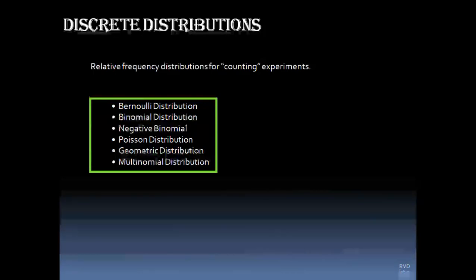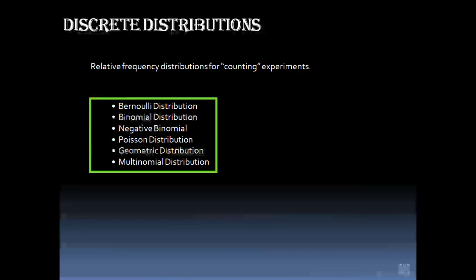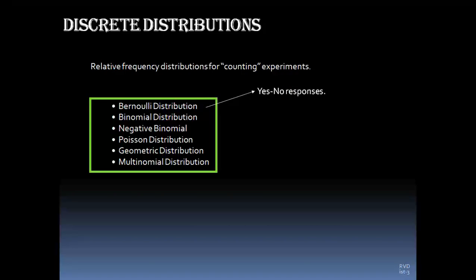Discrete distributions. Let's look at the relative frequency distributions for counting experiments. First one, Bernoulli distribution: yes or no responses. The next one is binomial distribution, sums of Bernoulli responses.